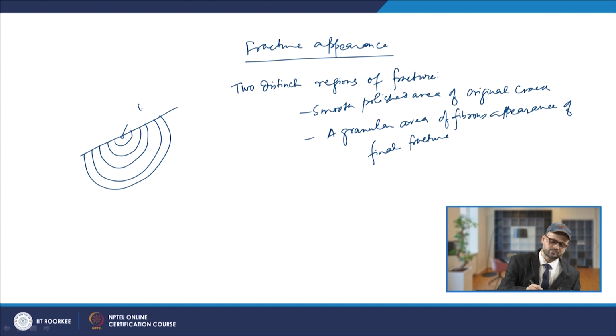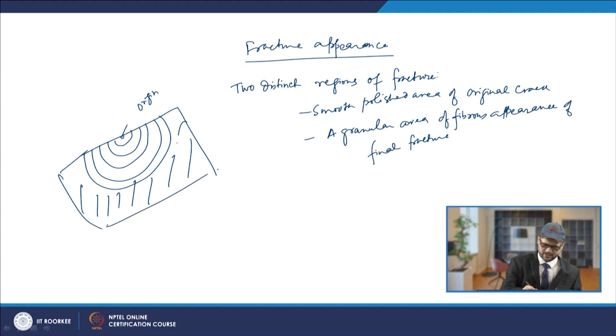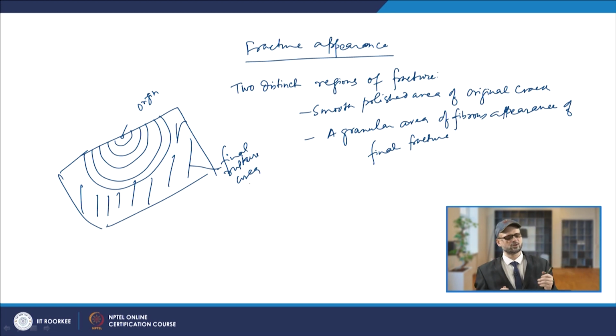You will have the origin here, and finally in this area you will have the final rupture area. It originates from there, and you will also be able to see certain lines like this. These radial lines are basically seen.